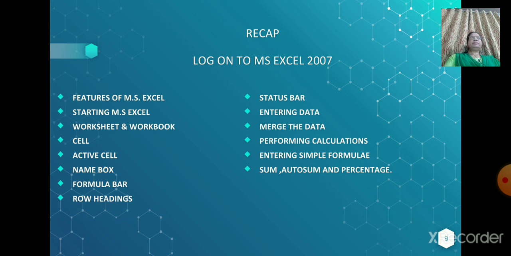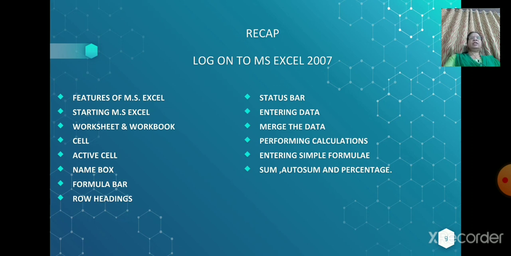Yes, children. Next, we have learned active cell. When you click on a cell, a thick black border differentiates it from the rest of the cells, that is known as the active cell. It indicates the current cell is active, right? Now next, name box.